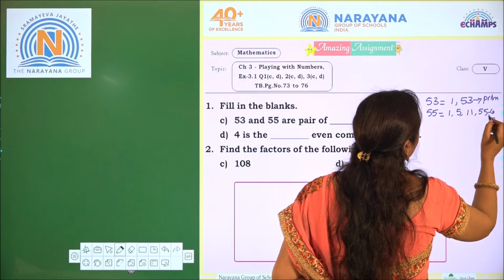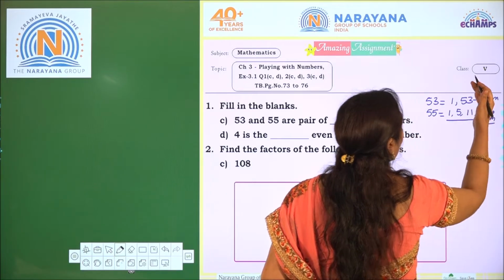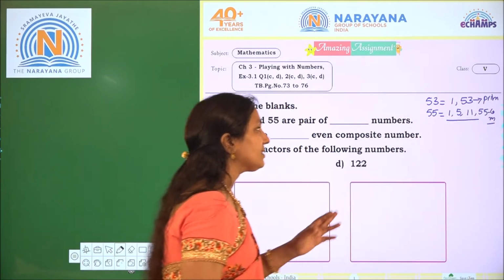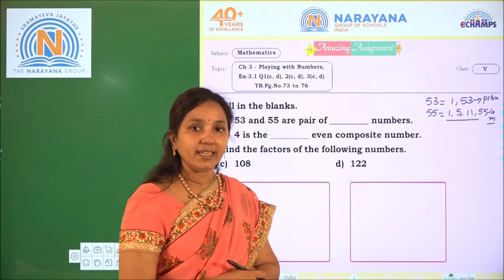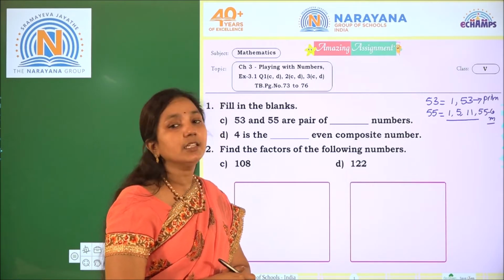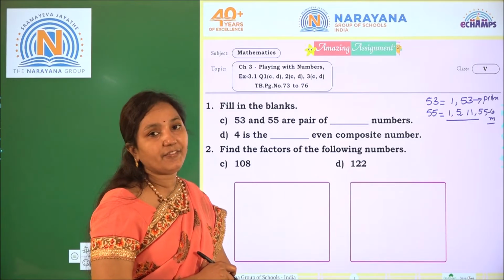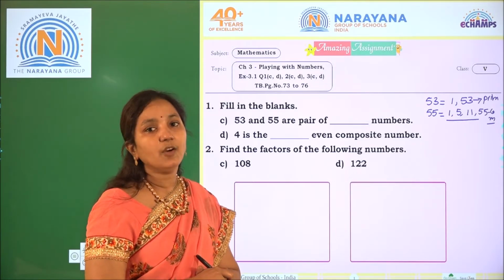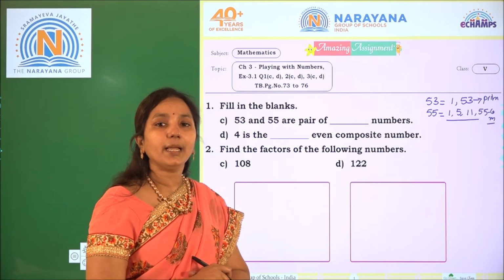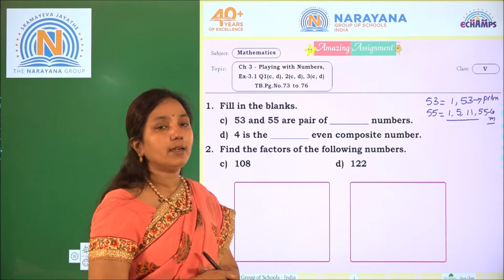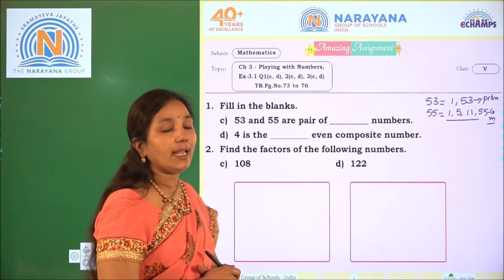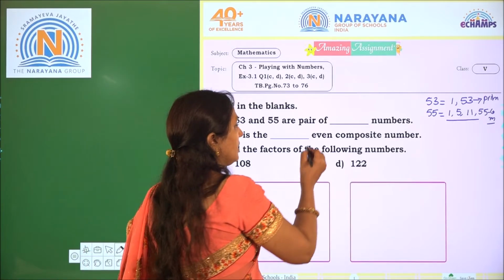Composite number. Okay, so what did you observe here? Are there any common factors other than 1? No, there is no common factor for 53 and 55 other than 1. So what do we call this type of numbers? We call them co-prime numbers.